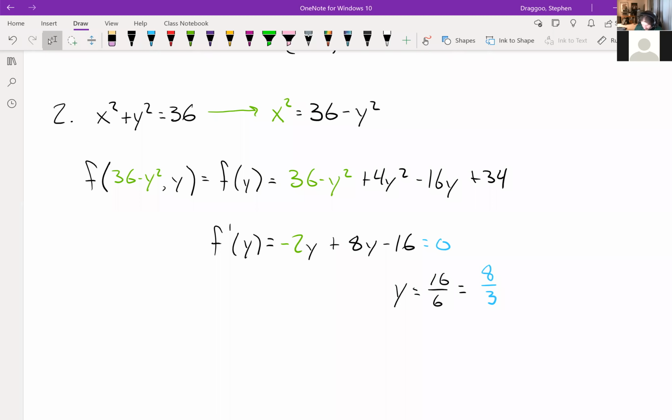And then if y is 8 over 3, that means that x squared is 36 minus (8 over 3) squared.